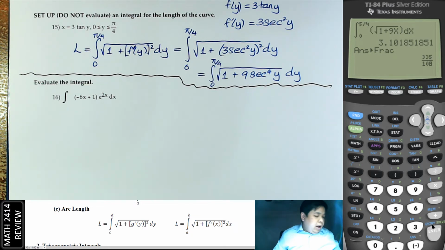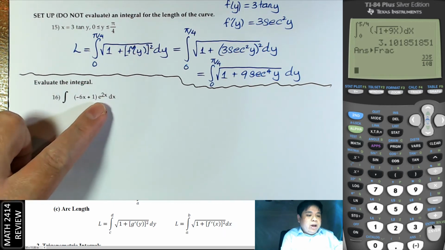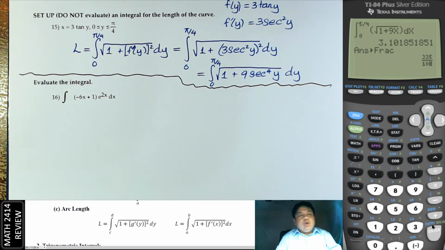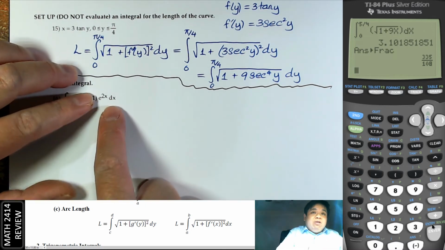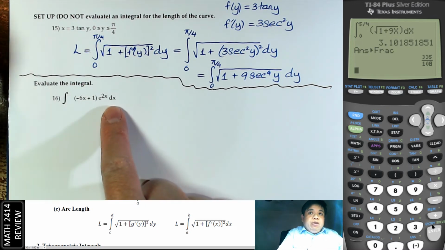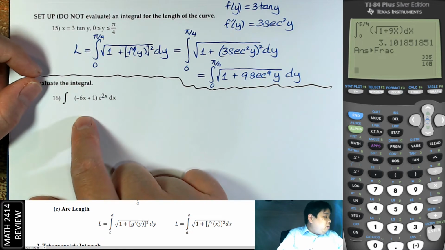Right. Next. Evaluate the integral. So this one we have two different types of function. So usually those are either substitution or integration by parts. Now, usually if it is substitution, whatever we let equal to u, the derivative of it will be part of the problem.